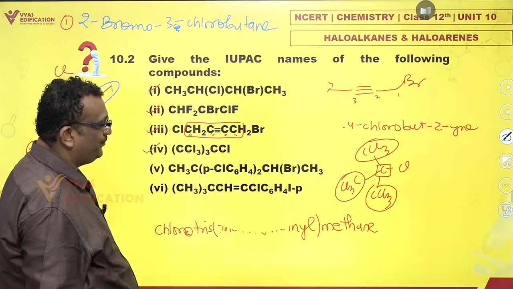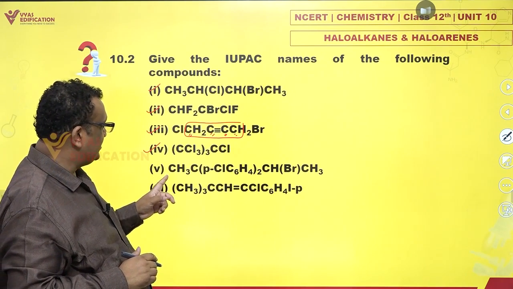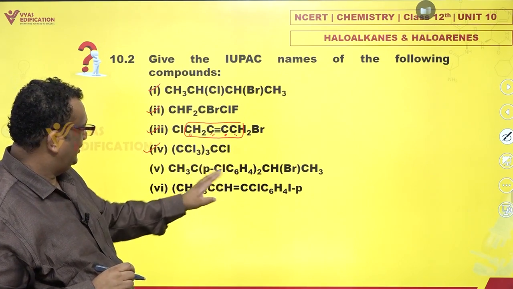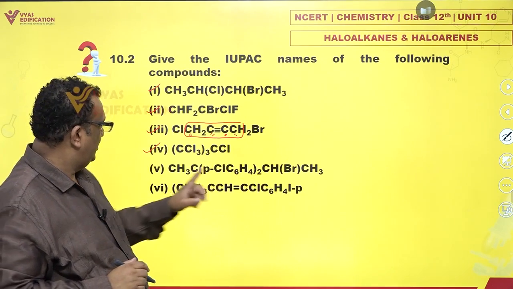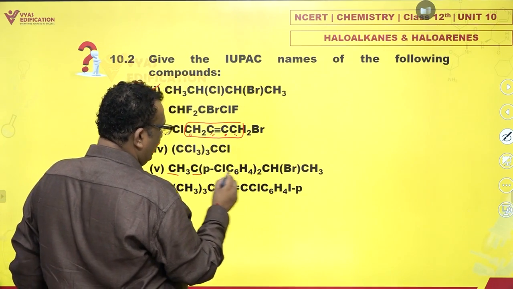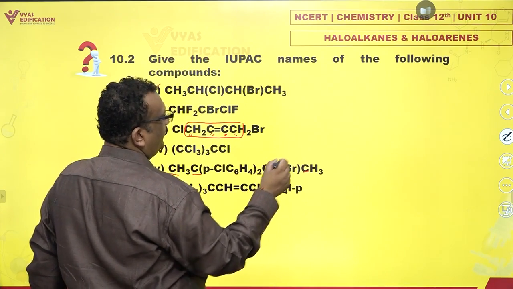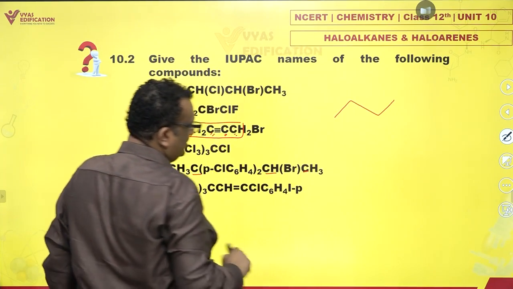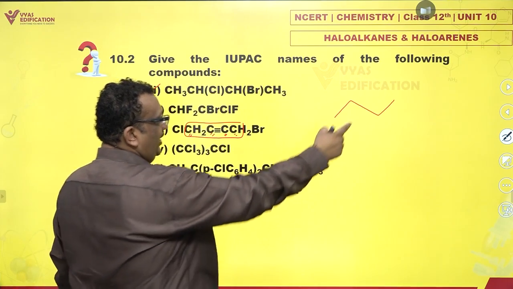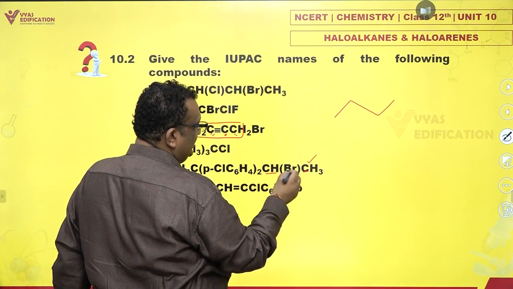Done all these. Let's take a look at the 5th one. It says CH3C, then CH. So I have 1 carbon, 2 carbons, 3 carbons and 4 carbons. First let me draw butane like this. Methyl is fine. I have CHBr.